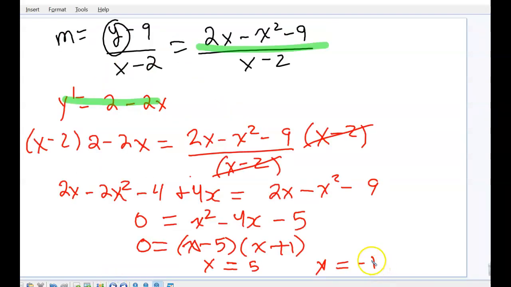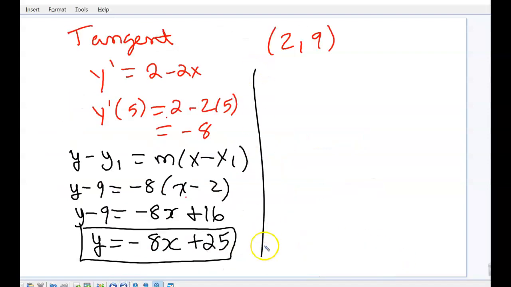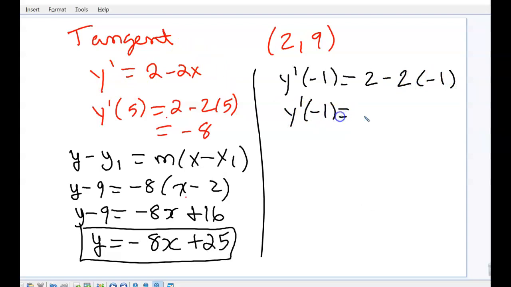And to find the second equation, I'm going to use the point x equals negative 1. So y prime at negative 1 is going to be 2 minus 2 times negative 1. I'm plugging it into the derivative. So y prime at negative 1 is going to be 2 plus 2, which is going to be 4.